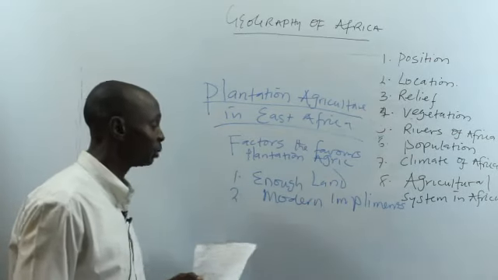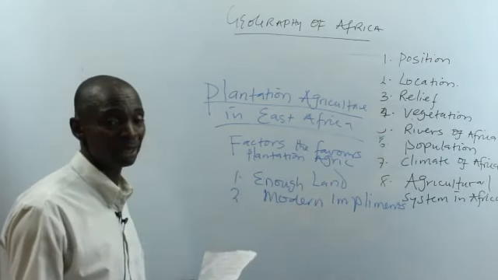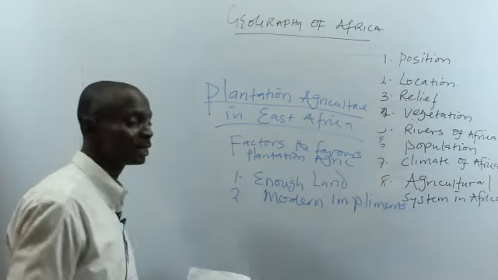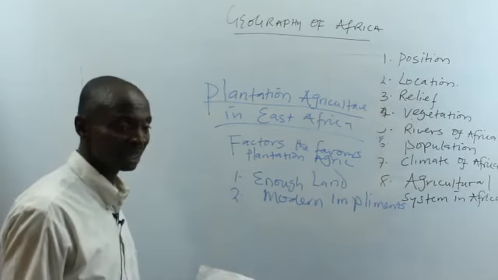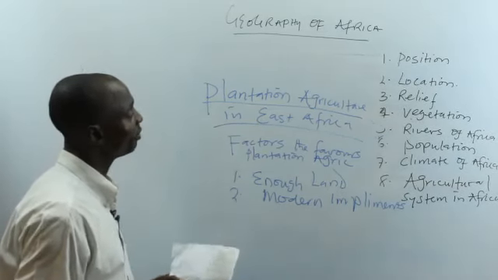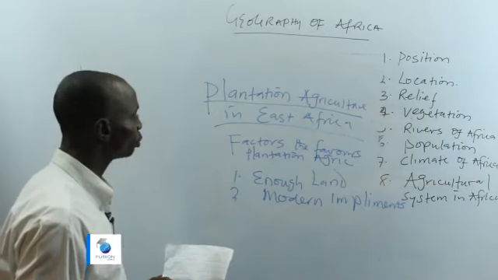Plantation agriculture cannot be carried out with a simple implement like cutlass and hoe. So modern implements like tractors, harvesters, and even planters must be available before a farmer embarks on plantation agriculture.